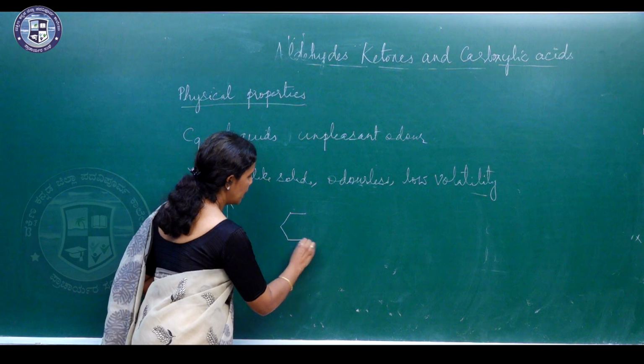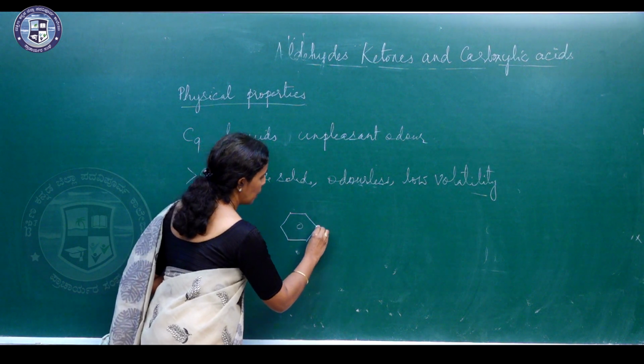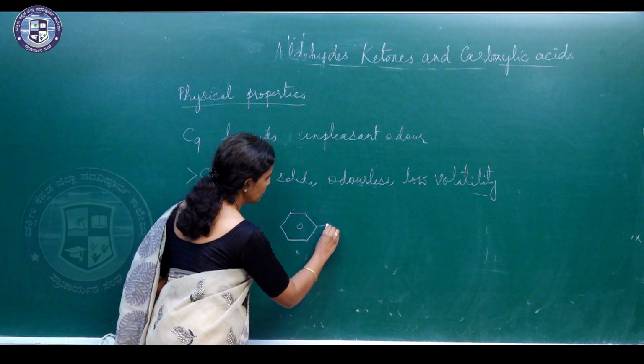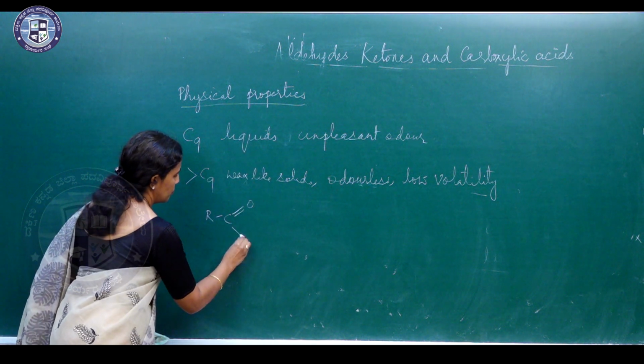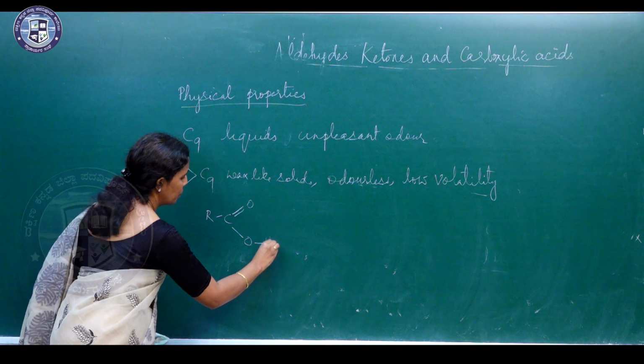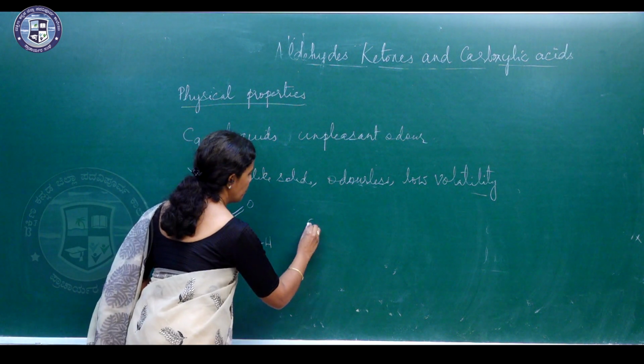You can see the dimer here. Here we can see the dimer of carboxylic acids.